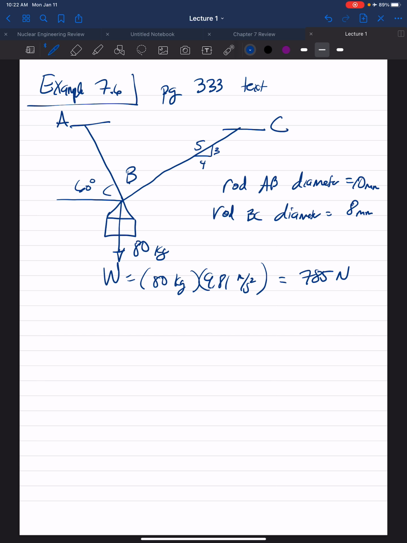So we take forces in the x direction. You have your FBC times the 4/5 leg ratio to get the x component there, right? FBC and FAB both have x and y components.